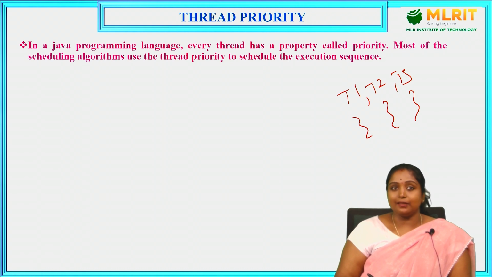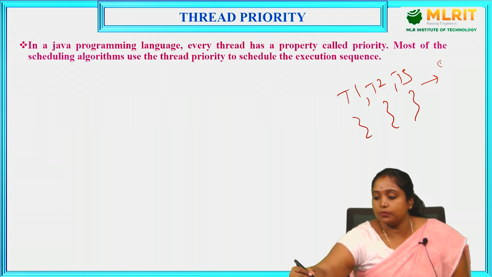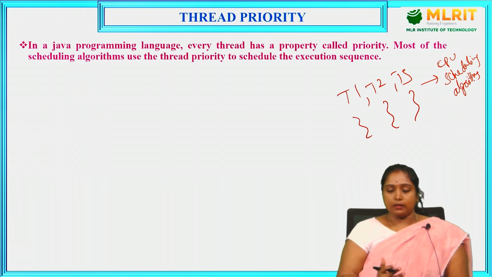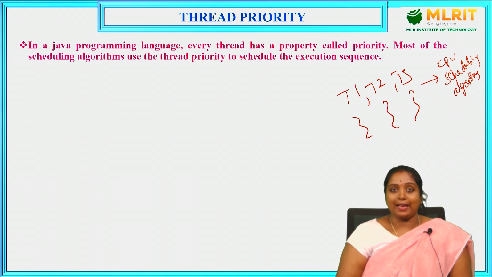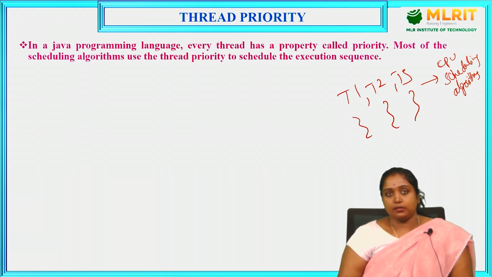This is mainly used in CPU scheduling algorithms. Which process has to be executed first? Which thread has to be executed first? That would be based on thread priorities.